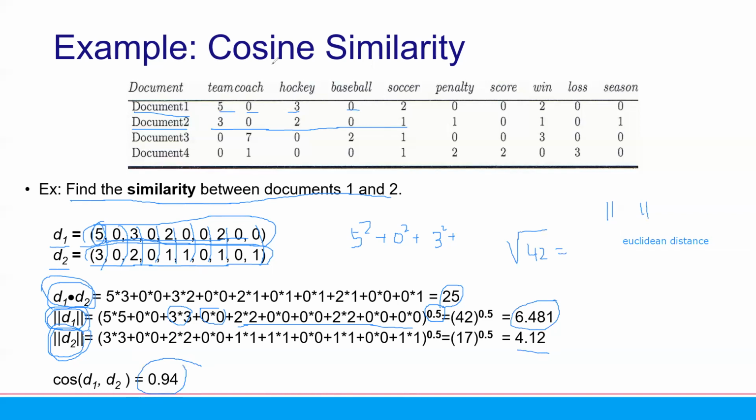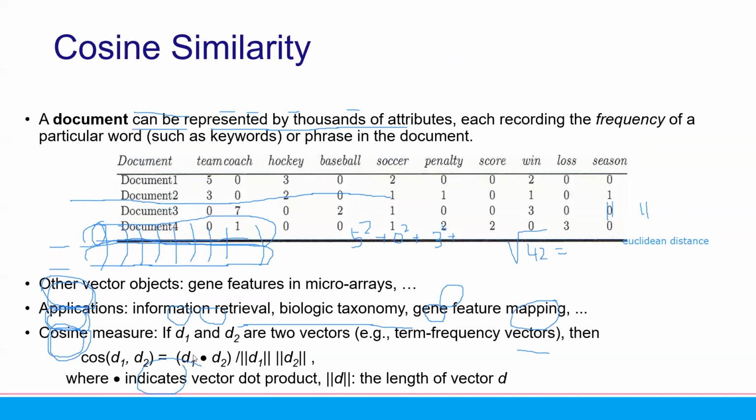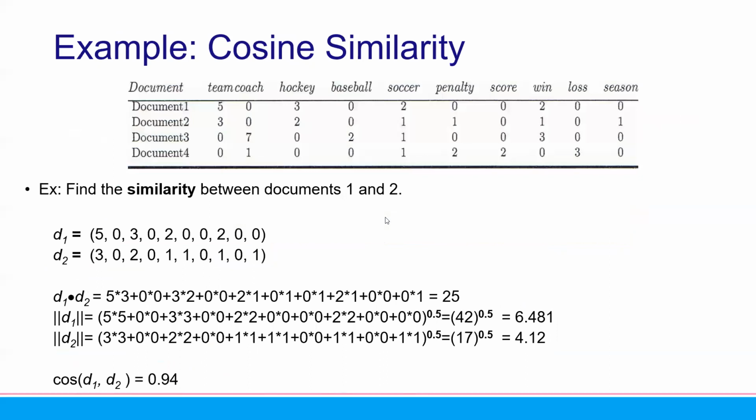Okay, so what is the formula? We have D1 dot D2 divided by the length of D1 and the length of D2. Then let me just mention it one more time.